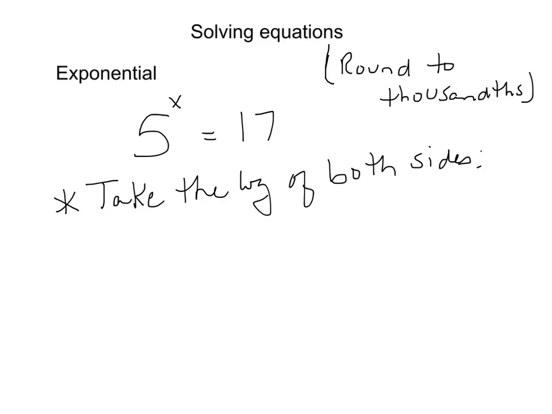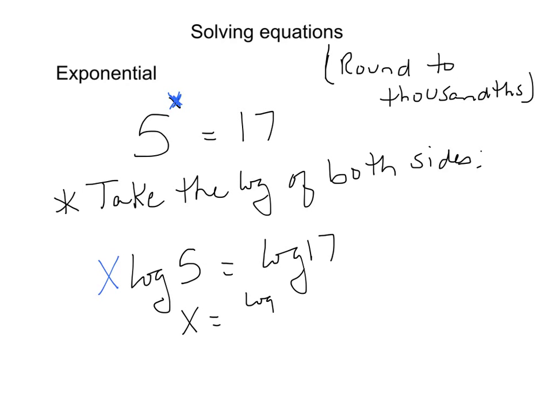And what I will end up with, because this is an exponent, is the exponent coming down as the multiplier on the log of the base, which is 5, and that'll be equal to the log of 17 on the other side. Now you can see how easy this is going to be, because all I have to do to find x is divide the log of 17 by the log of 5.